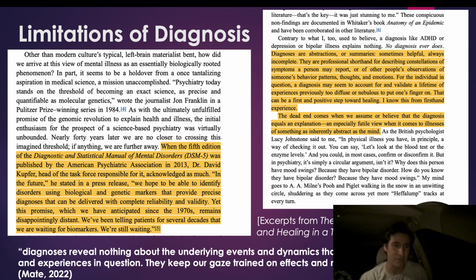In the future, he stated in a press release, we hope to be able to identify disorders using biological and genetic markers that provide precise diagnoses that can be delivered with complete reliability and validity. Yet this promise, which we have anticipated since the 70s, remains disappointingly distant. We've been telling patients for several decades that we are waiting for biomarkers. We're still waiting.